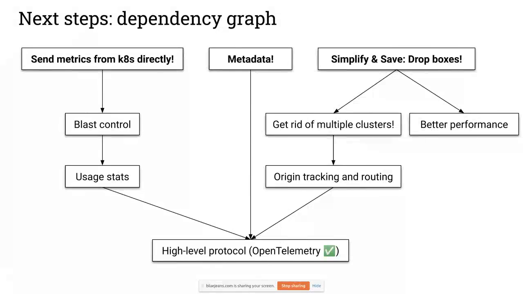Yeah, finishing up, I will talk about the next steps that we have in mind with Nanotube. We mainly use Nanotube right now to route the metrics that come from hardware boxes.